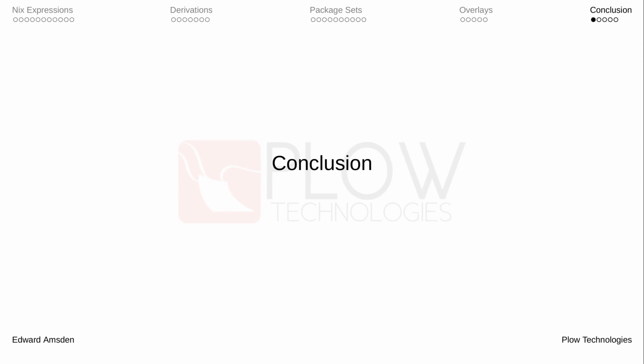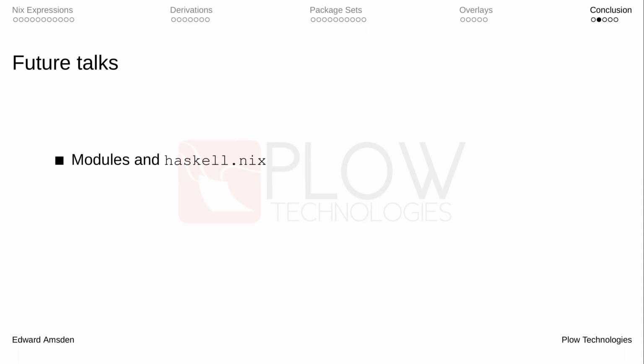All right. So in conclusion, I'm just going to give a couple of pointers, both towards stuff we could talk about in the future and also where to go independently if you want to learn more. Something we didn't talk about is the module system and Haskell.nix. We talked about package sets and overlays, and the Haskell infrastructure in Nixpkgs is just a package set.